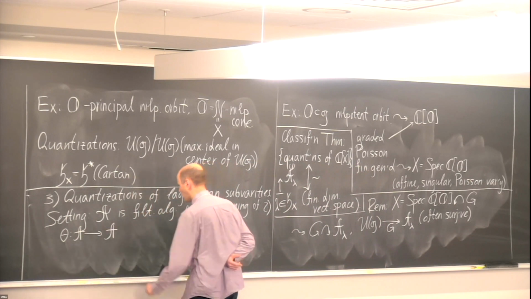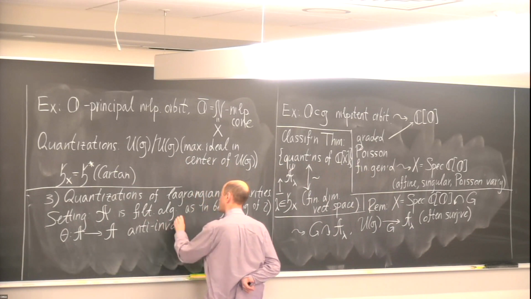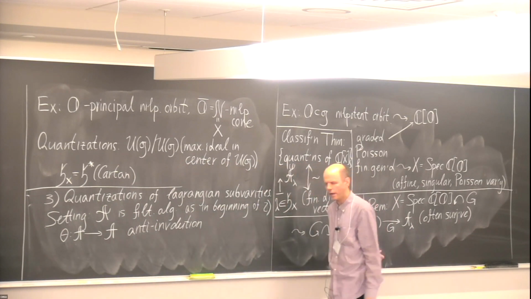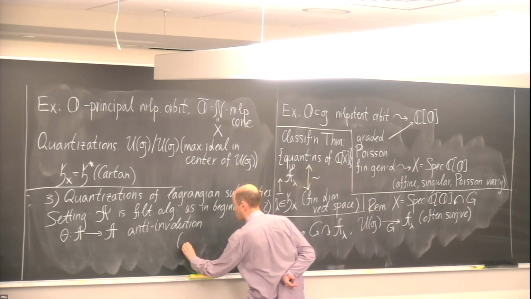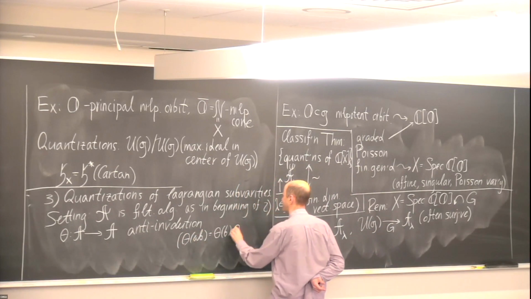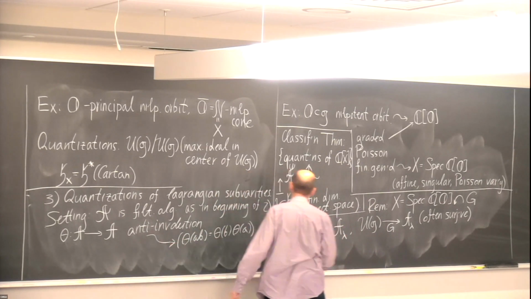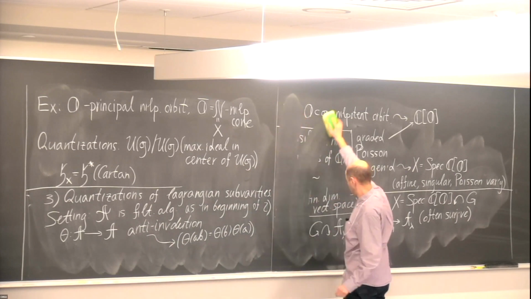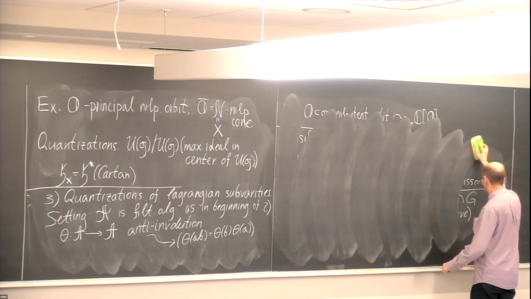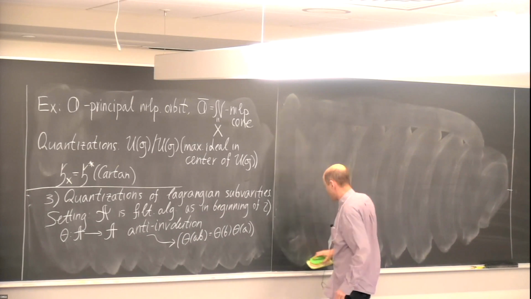is going to be an algebra anti-involution. It's still an involution, so the square is equal to 1, and anti means that it sends products to products in opposite order. Let me give you examples of the situation.